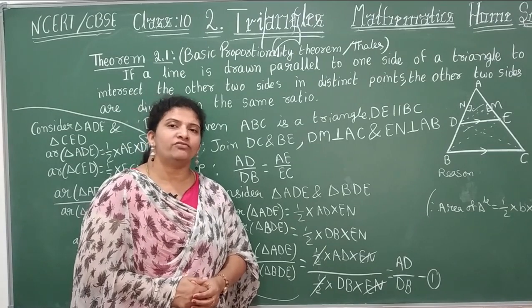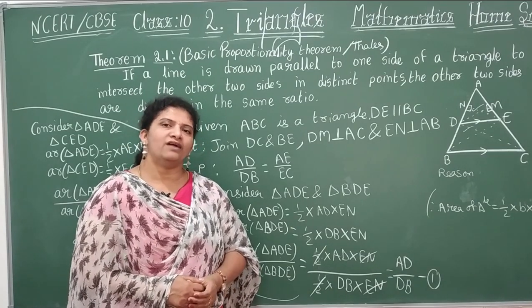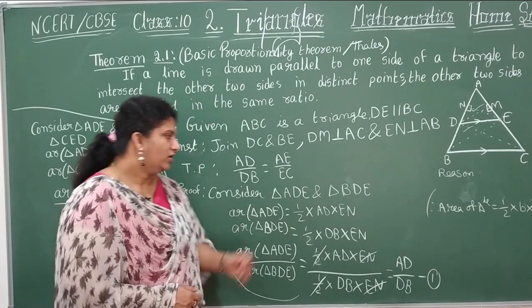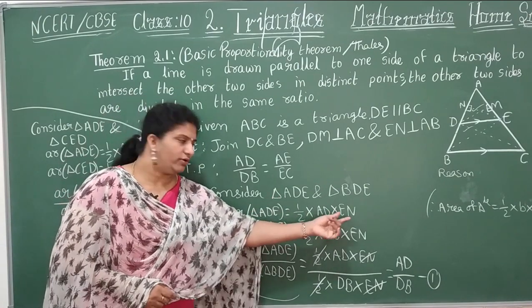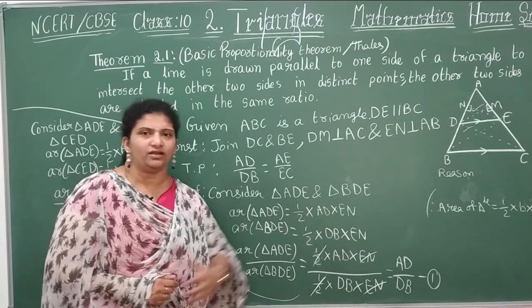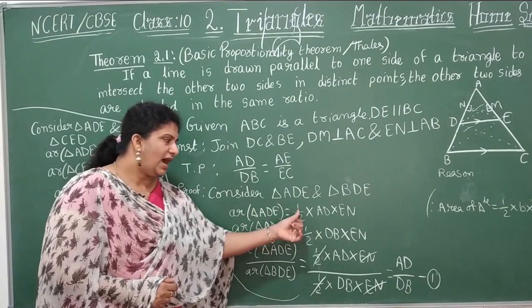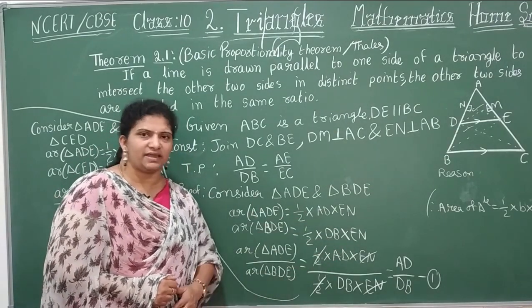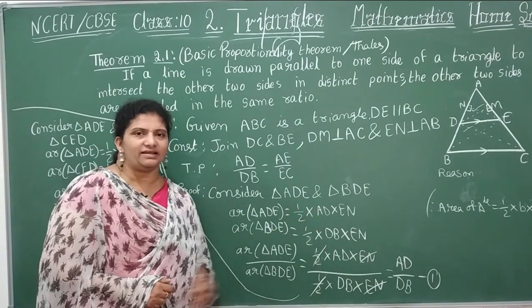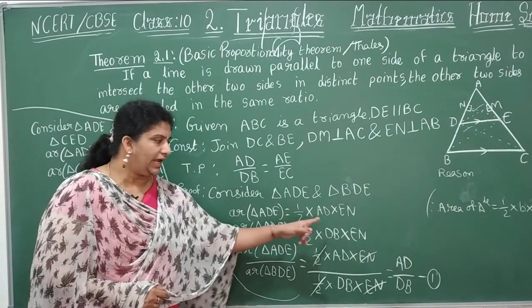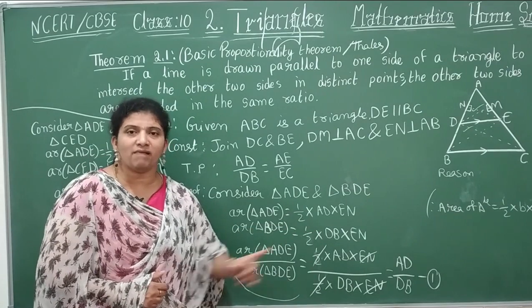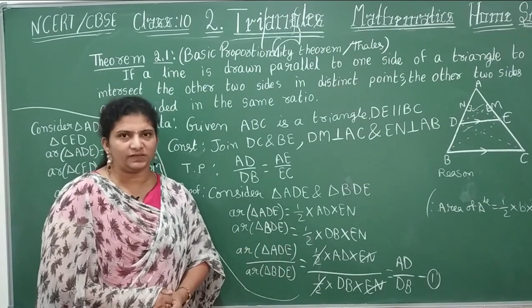Apply the area of a triangle formula, half into base into height. What are you going to get? Half into AD into EN, half into DB into EN. So on dividing these two, what happens? Half and perpendicular are the same, right? These two will be cancelled. What are you left with? AD by DB, mark it as first equation.